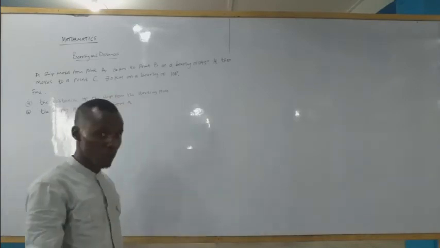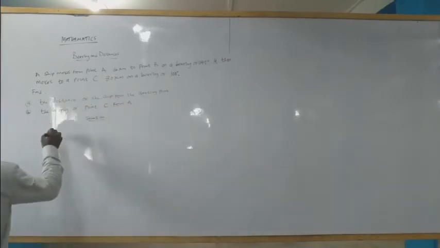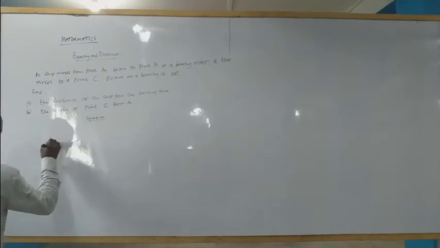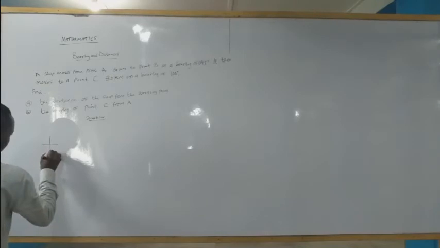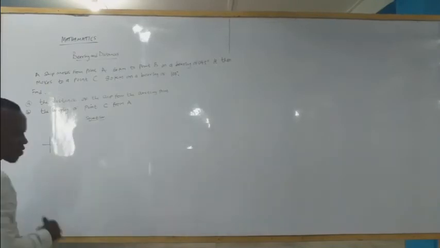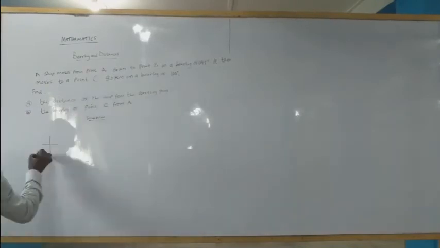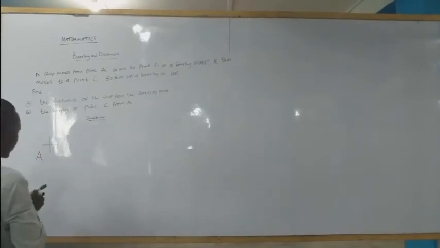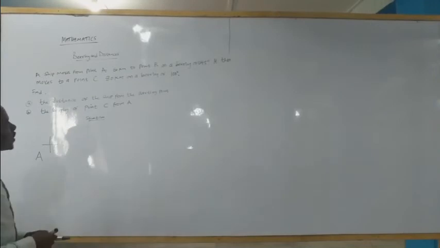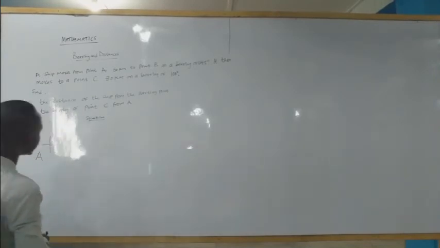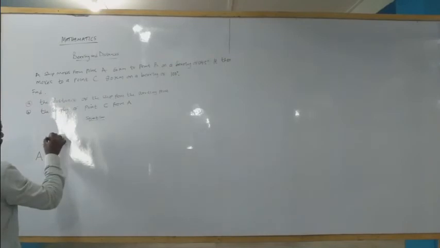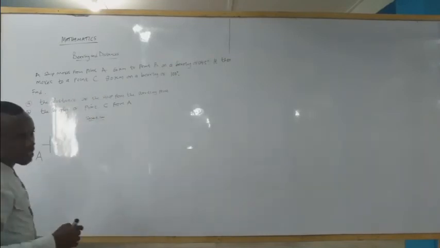So here, I have my coordinates from the starting point. This is where I'm starting from, which is point A. Then the ship moves 60 kilometers on a bearing of 045 degrees, a 3-digit bearing.